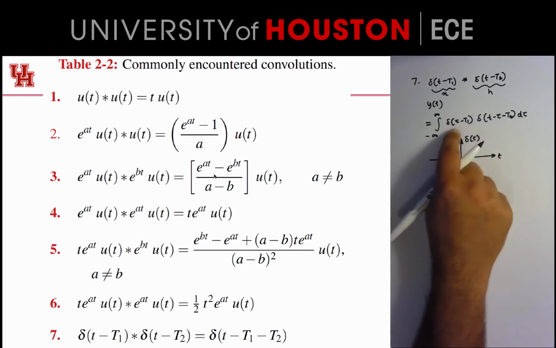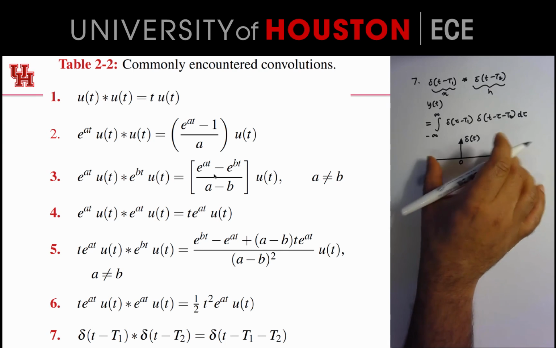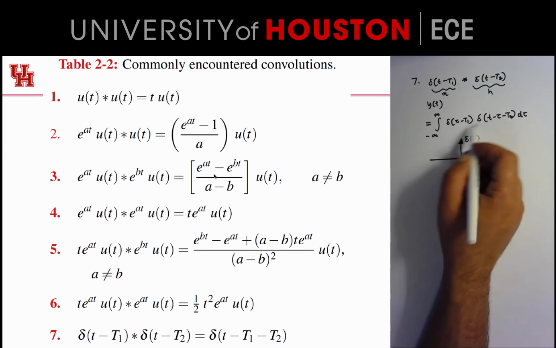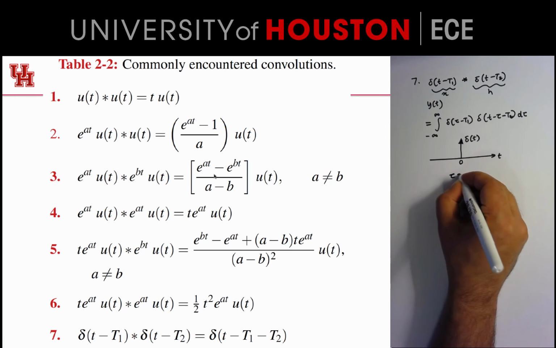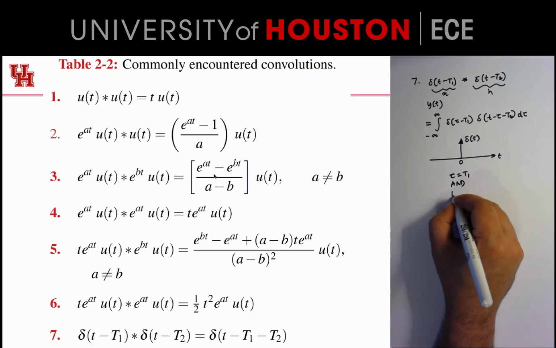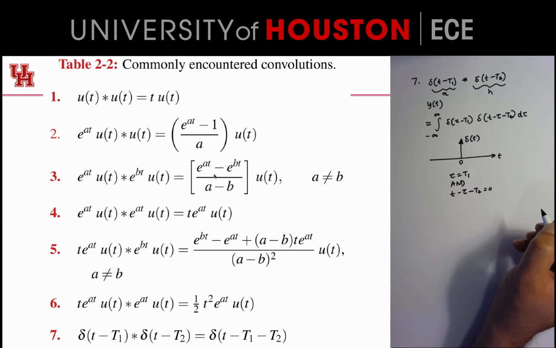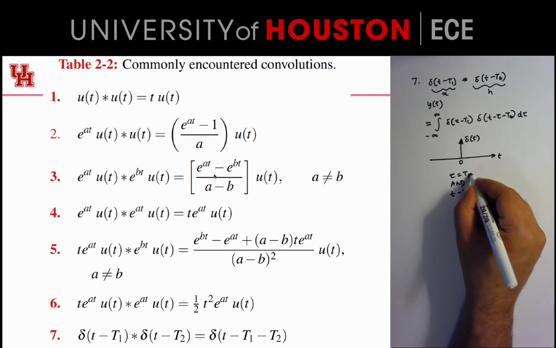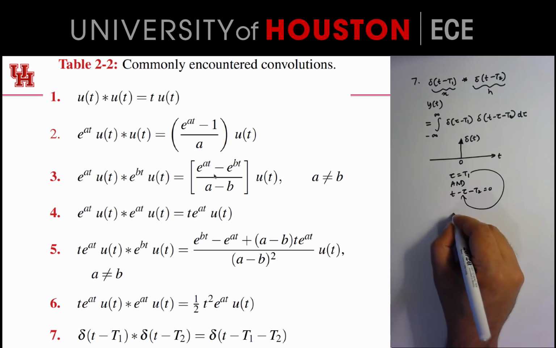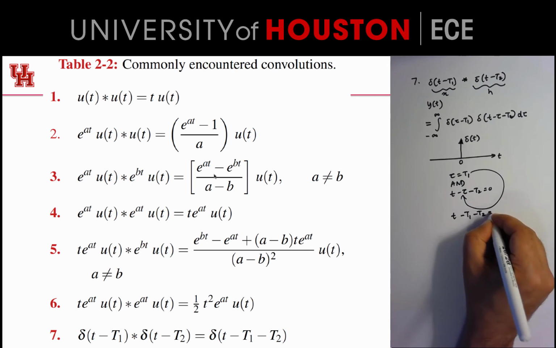So for this to work, these two deltas are going to only intersect when tau equals t1 and t minus tau minus t2 equals 0. Which means if I were to stick this over here, I get t minus t1 minus t2 equal to 0.